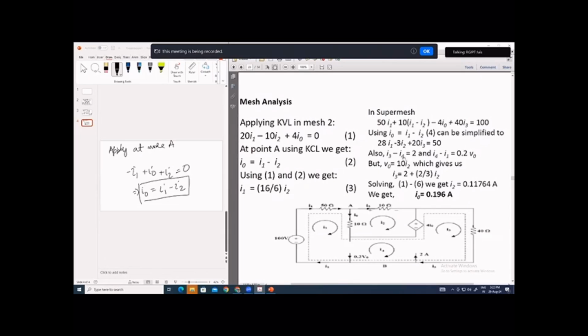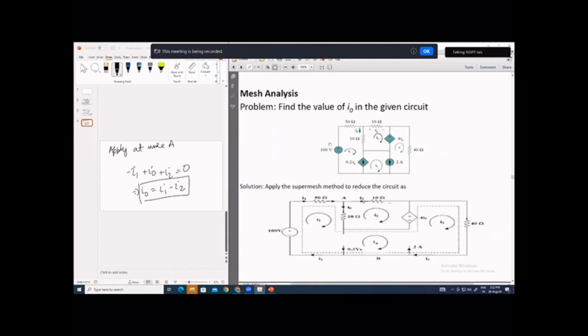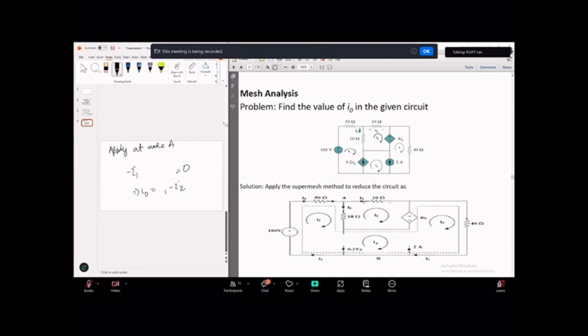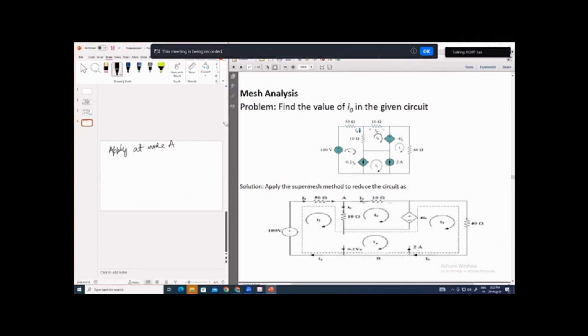Now let us go back. Just see this part. See the current source between mesh 4 and mesh 3.